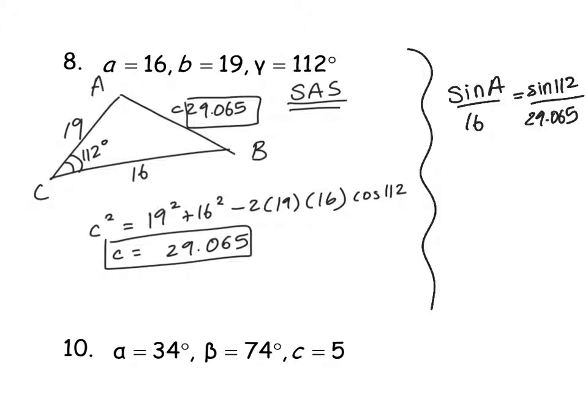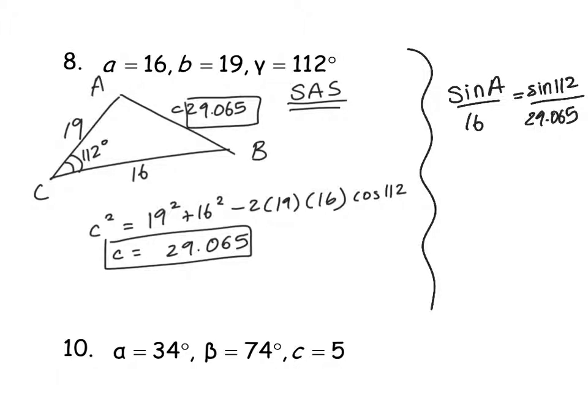So remember, I use law of cosine to find the measurement of the largest angle if I'm given SAS, but if the largest angle is given, I need to find the smallest angle. I use law of sine. So law of sine to find the smallest angle, and law of cosine to find the largest angle.